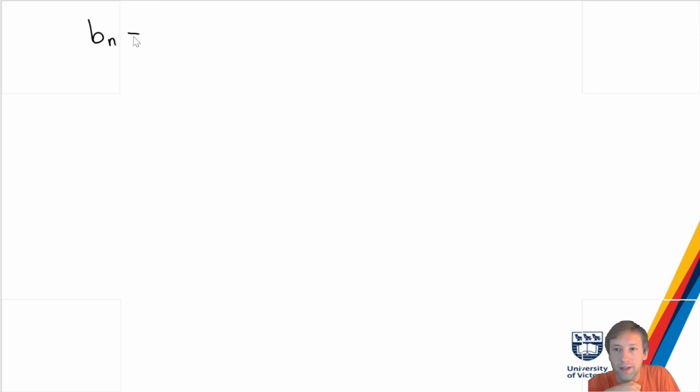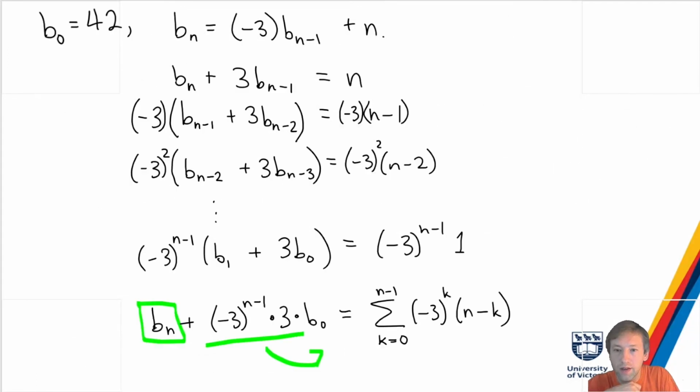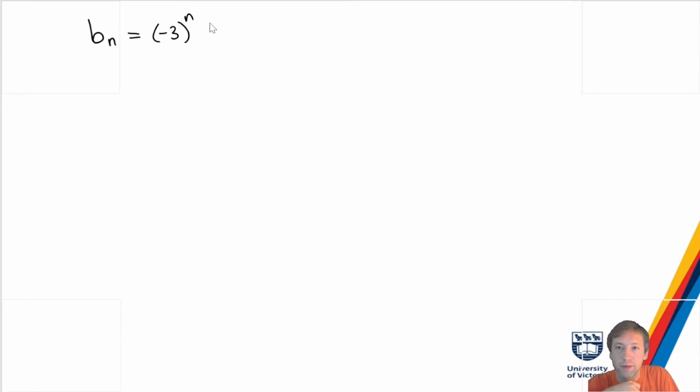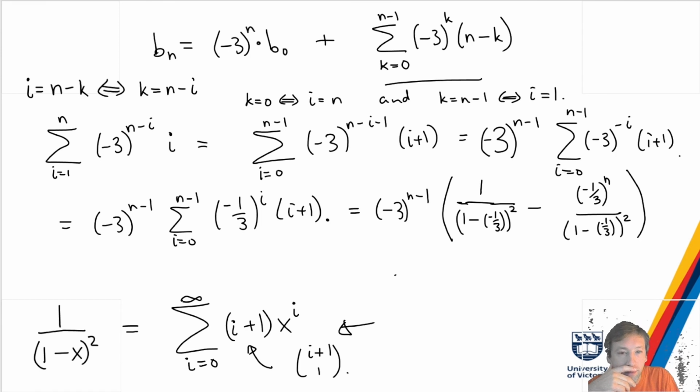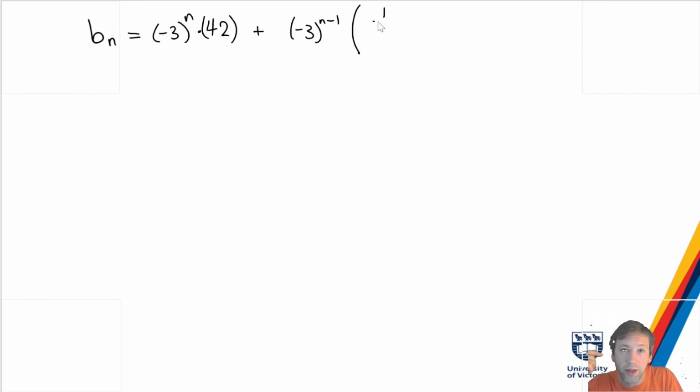So we've got b_n is equal to negative 3 to the n times b0, which was 42, plus negative 3 to the n minus 1 times 1 over (1 minus a third, that's minus negative a third, is 4 thirds) squared.